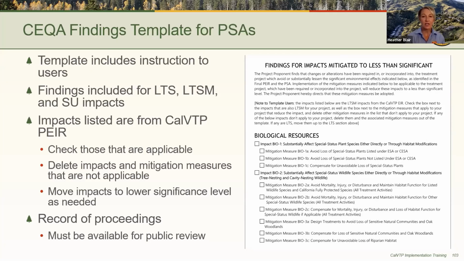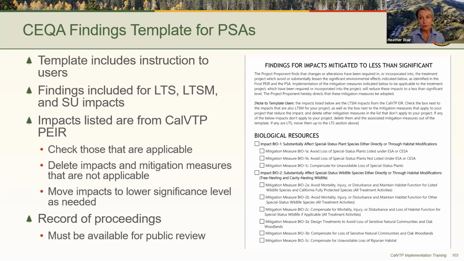The findings section of the template is pre-populated with the CalVTP impact conclusions. But for your project, you would check the box next to the impacts that apply at each significance level and delete the others from the findings document if they don't apply, so that you can tailor the findings to the specifics of your vegetation treatment project.